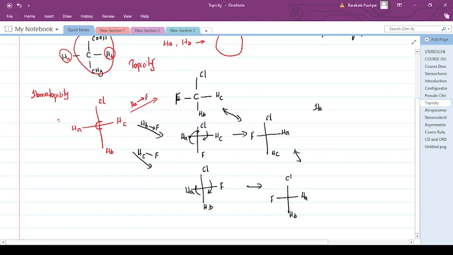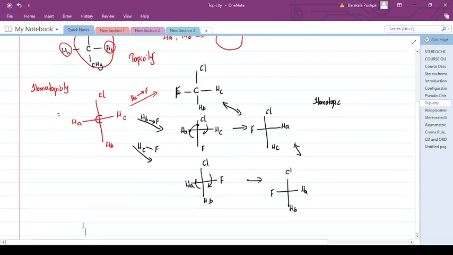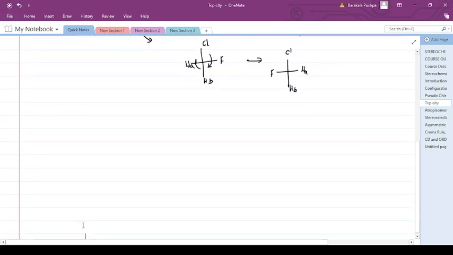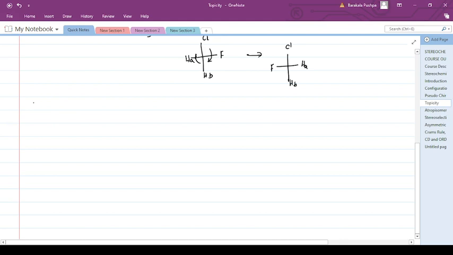But please remember that instead of hydrogen, HA, HB, HC, if you have different groups also, we should be able to identify this homotopicity or homotopic faces. For example, let us consider another example: you have again bromide, HB and HA.